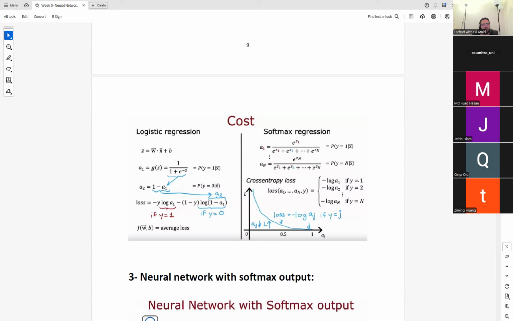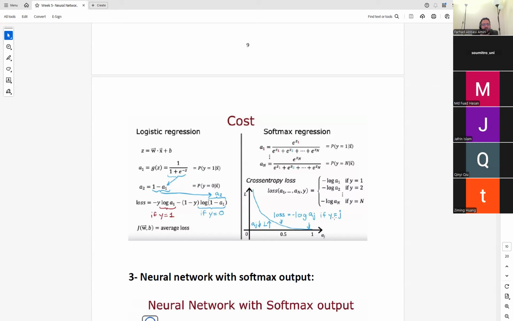If Y is equal to 1, the loss function is going to be minus log of A1. If Y is equal to 2, then the loss function is just minus log of A2. If y is equal to n, the loss function is just minus log of a subscript n.